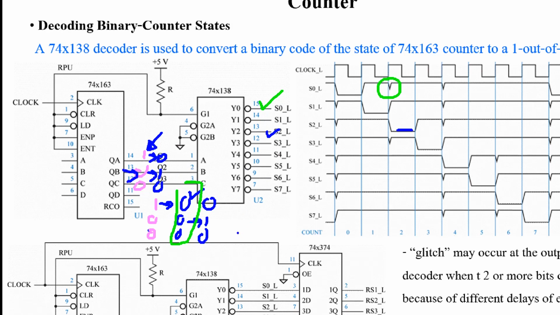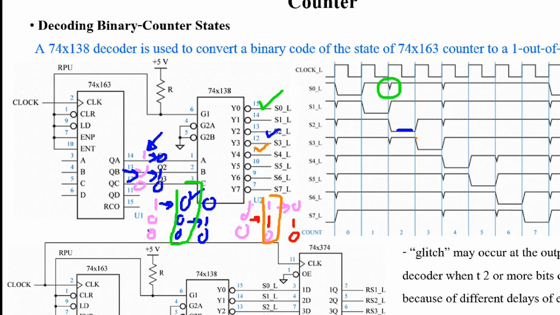Or if the other bit changes faster, what happens? From 0 0 1, if this bit changes faster, it's 1 here, this bit is still 1, and then after waiting a little bit, this bit changes to 0. So at this point in time, it makes Y3 active, right? 0 1 1.